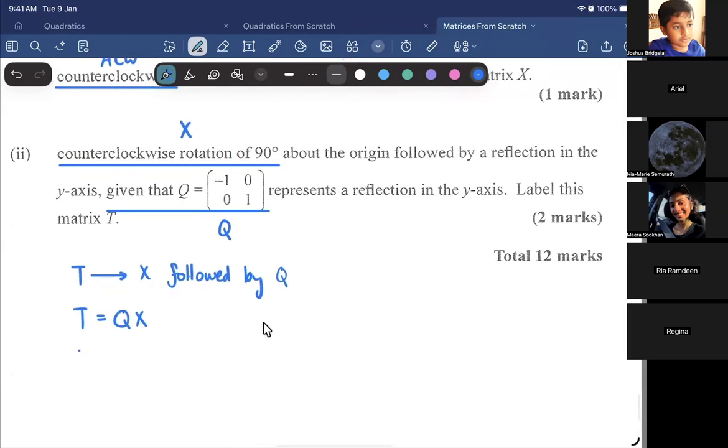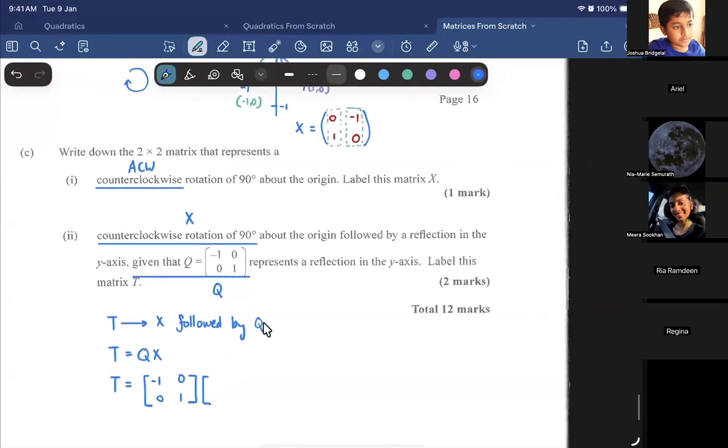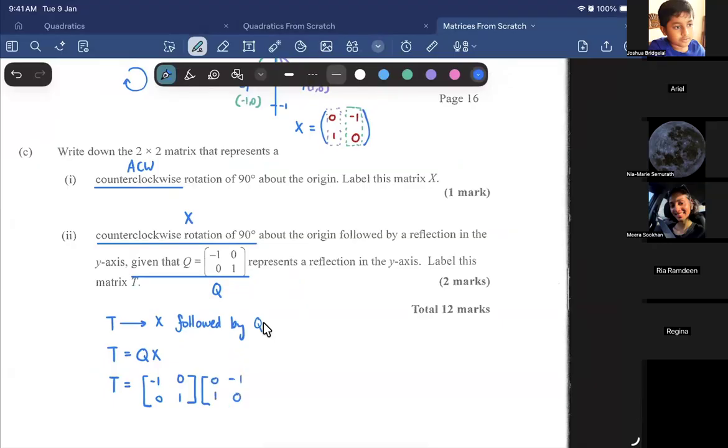So if I want to find T, I'm going to multiply matrix Q. Matrix Q was -1, 0, 0, 1 by what matrix, guys? Matrix X. What is matrix X? 0, 1, -1, 0.